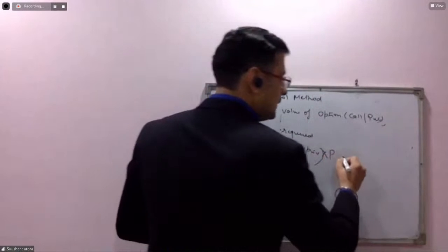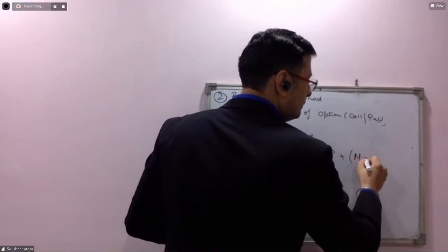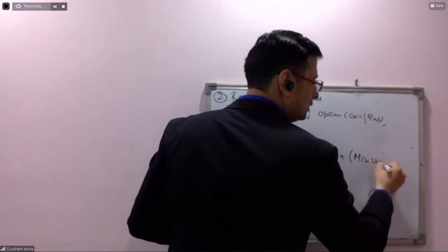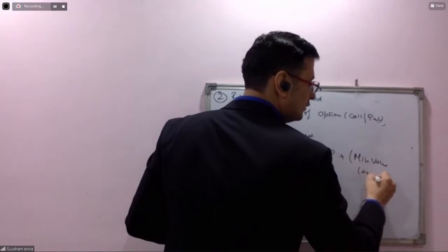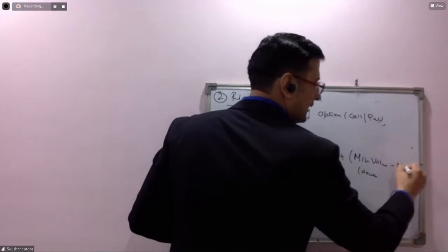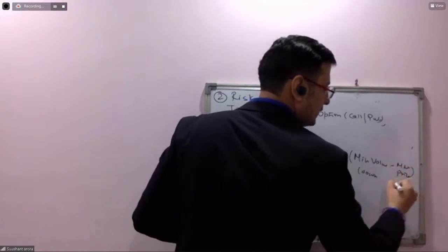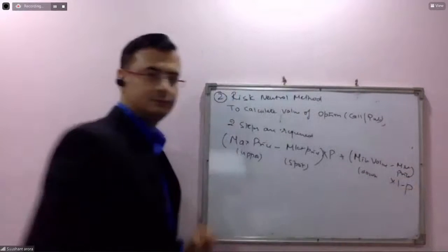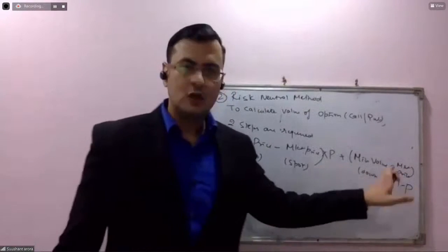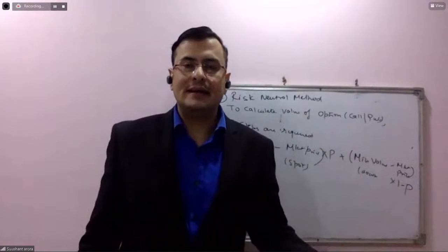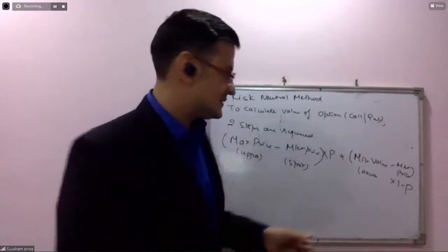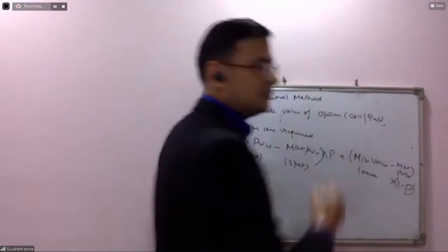Plus the minimum value, the down value, minus the market price, into 1 minus P, the probability of not having an increase in the price, meaning a decrease in the prices. This has to be multiplied.